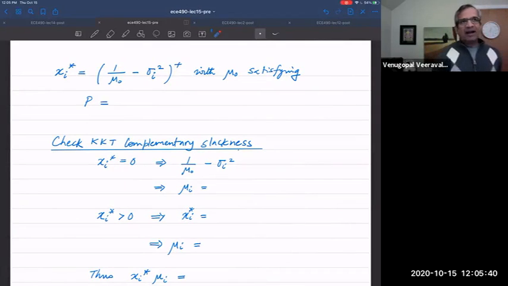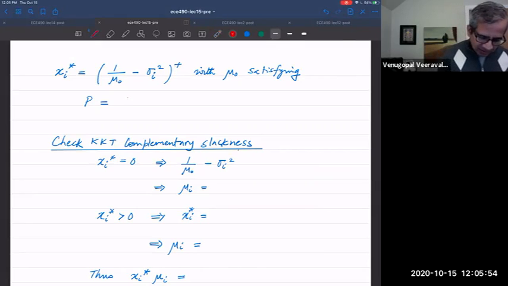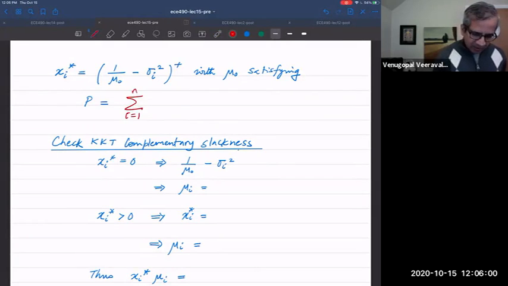Well, at least you can think of it as a guess for the solution, because we still need to make sure that it satisfies the complementary slackness condition, which we'll do in just a second. But the solution is given by this, where we know that this total power constraint has to be met with equality. The total power has to equal P, so that will actually allow us to solve for the mu 0.